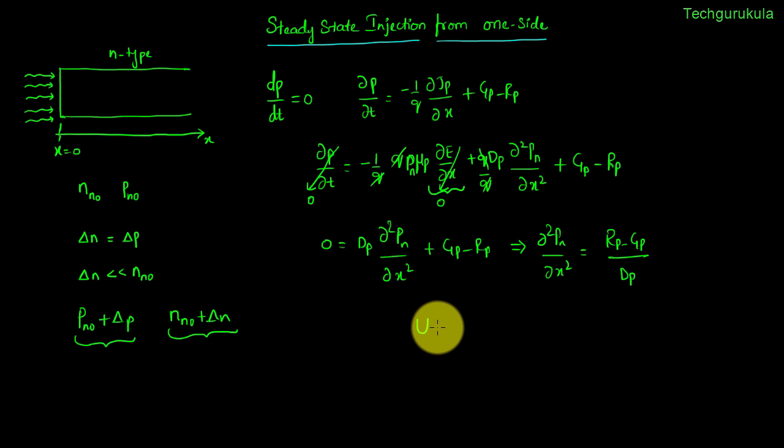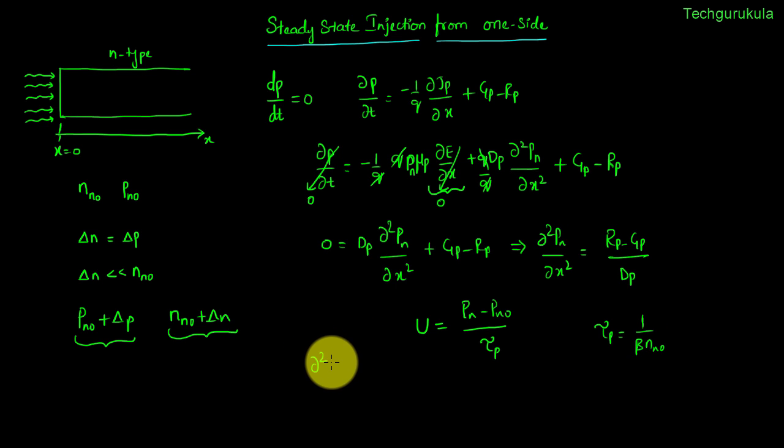And we have seen in direct recombination that the net recombination rate is given by the excess carrier concentration compared to the thermal equilibrium concentration, which is Pn minus Pn0 over τp. And we saw τp was related to 1 over β times Nn0. And now let me rewrite this differential equation, which is ∂²Pn/∂x² is equal to Pn minus Pn0 over Dp times τp.